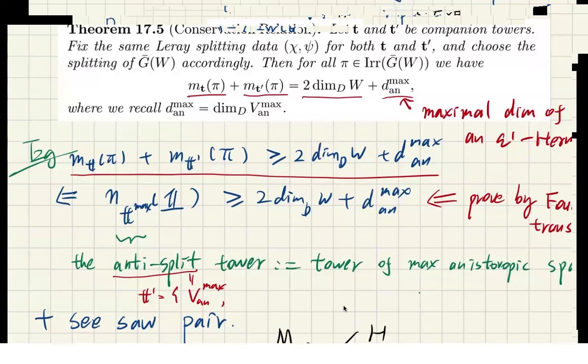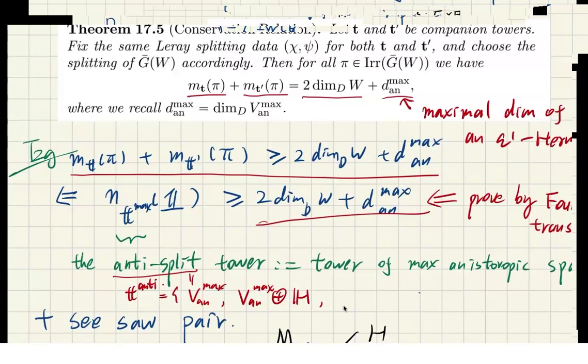So this tower is called the anti-split tower. In the anti-split tower, the trivial representation of the original group actually occurs very late. It must occur in this dimension.